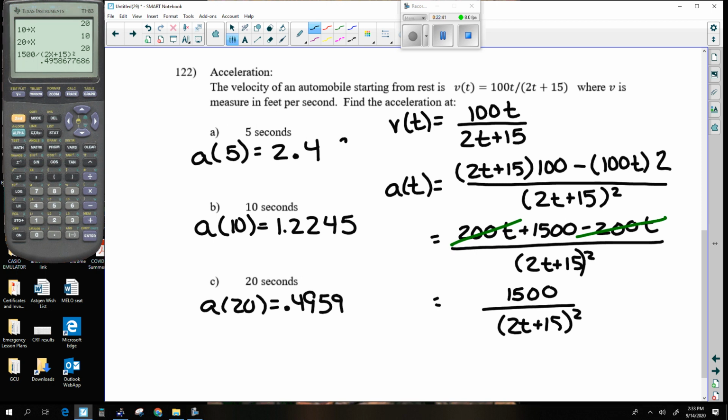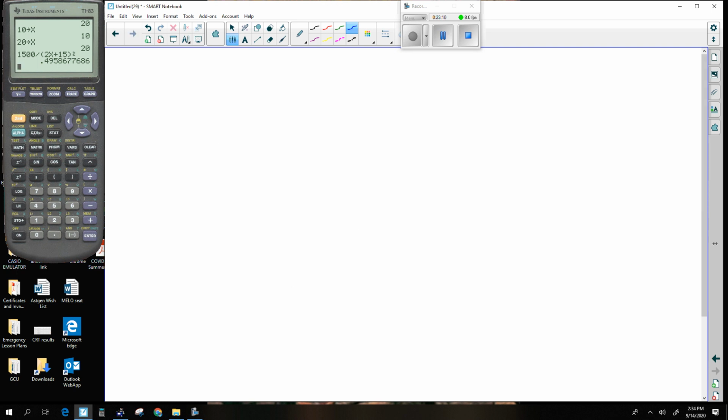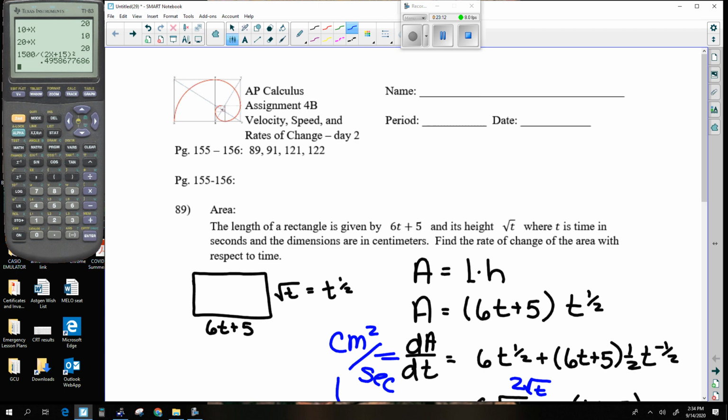So this is feet per second squared. Ta-da. Yeah, that's it.